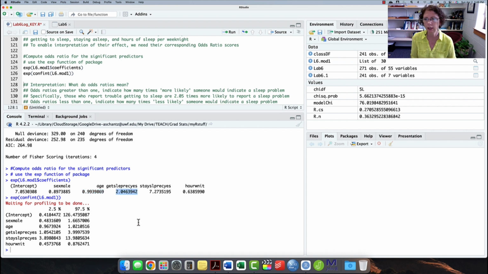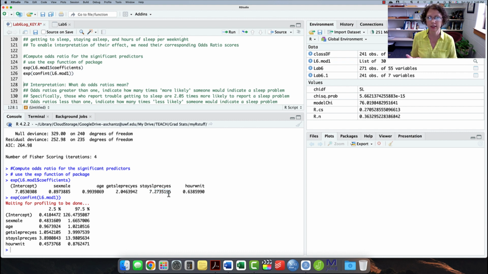But here on, when someone reports that they have trouble getting to sleep, they are 2 times more likely to report a sleeping problem. And that was one of our significant predictors. If someone reports problems staying asleep, they're 7.3 times more likely to report a sleeping problem. So that's how we interpret that.